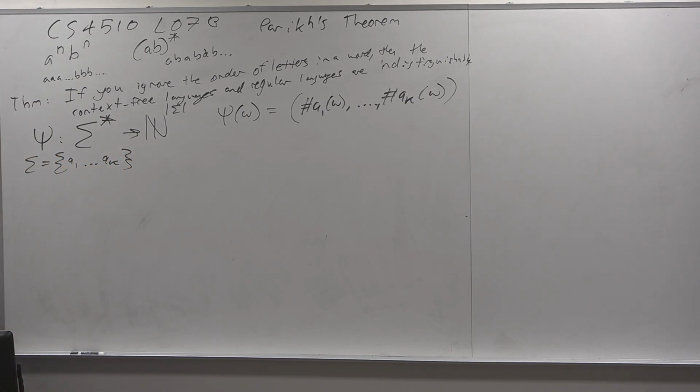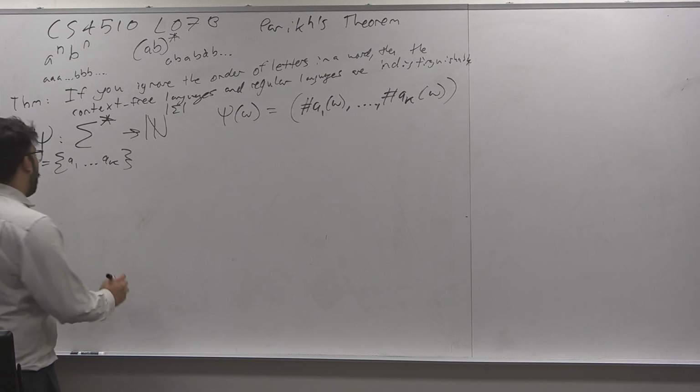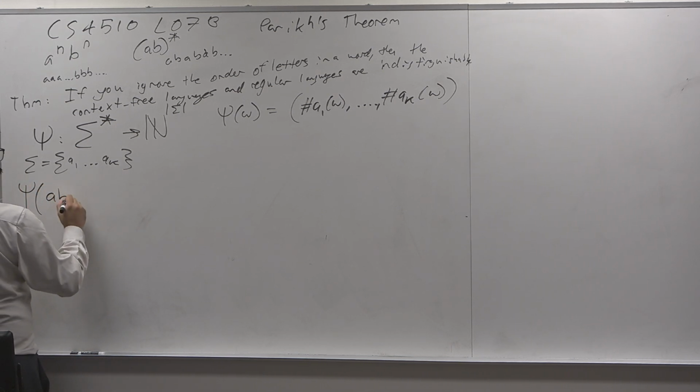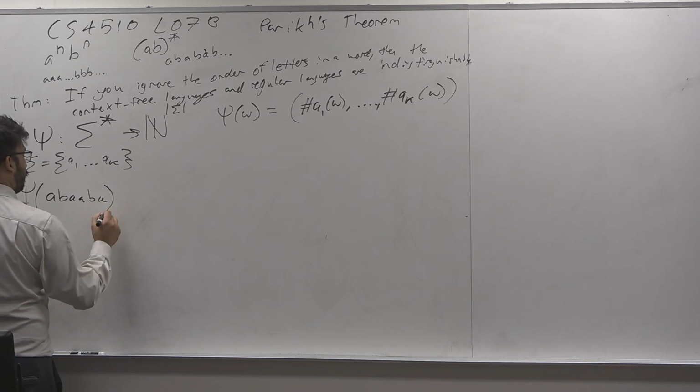So this is basically a vector, a tuple of integers, where each number is how many times that letter appears in the string, right? So for example, what would be the frequency of the string A, B, A, B, A?